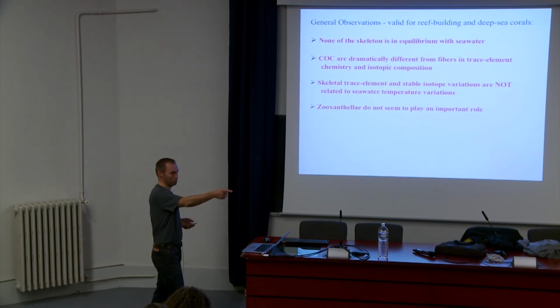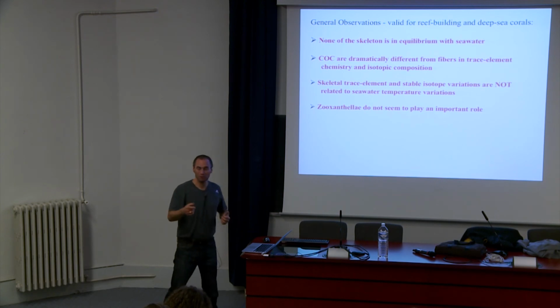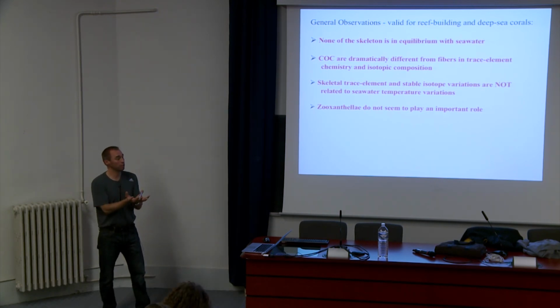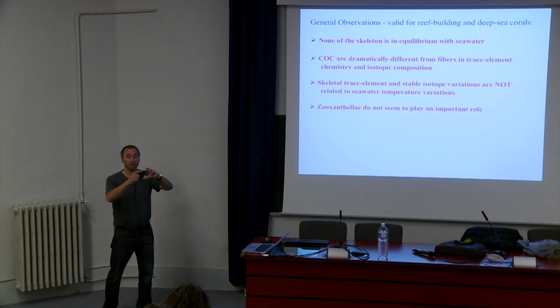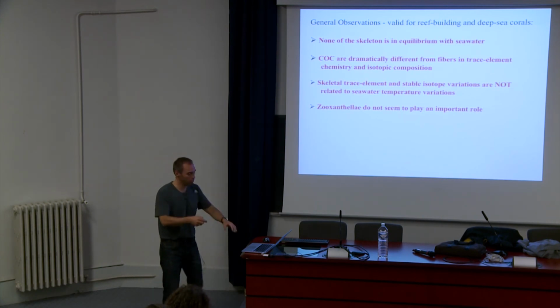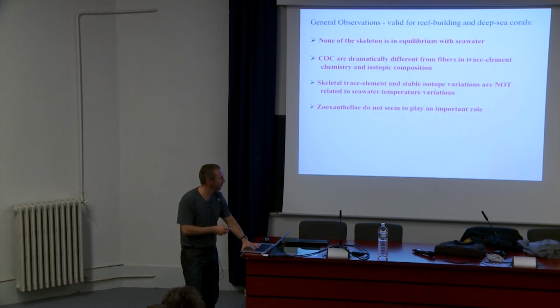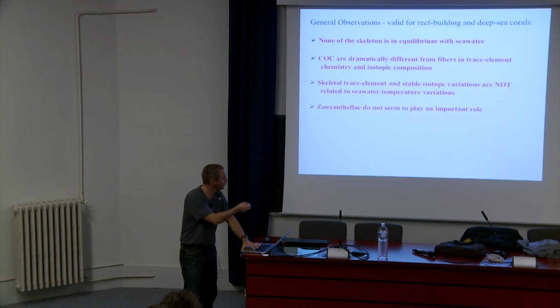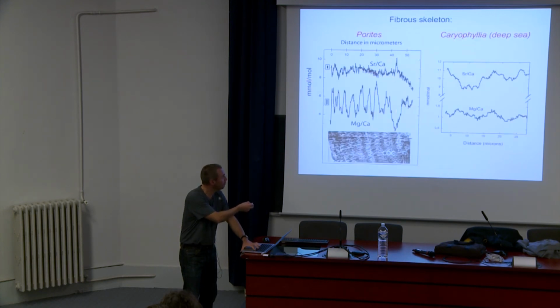Now, you had a very good point before. You can sort of handle it by sampling bigger chunks of skeleton. If you sample bigger chunks of skeleton, you get a nice average, which will average out all this variation.